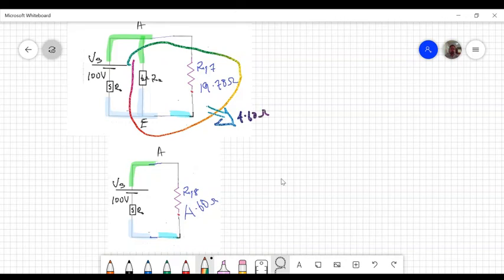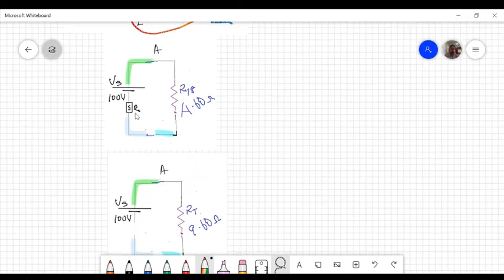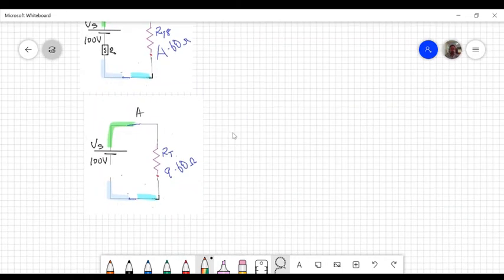That's why that's in that circuit. Finally, 5 and 4.6 are in series, and you get your final circuit, the total resistance RT equals 9.60 ohms.